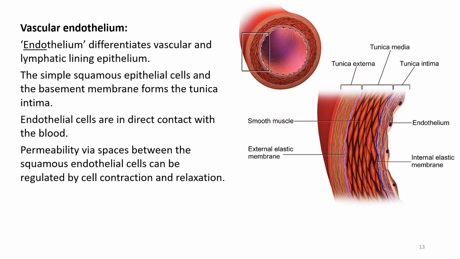And of course, that can be changed if those endothelial cells contract. If they contract, those gaps get bigger. If those cells relax and become even more pavement slab-like, then they close the gaps a little bit. So permeability can be regulated by changing the shape subtly of those squamous cells.